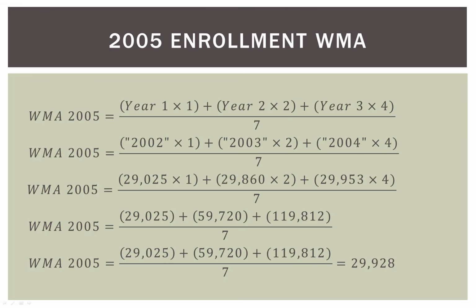And we come out with a weighted moving average in 2005 of 29,928. And that should make sense. If you get some crazy number like 78,000, then you know you've done something wrong somewhere. They should all be around 30,000 or so. So the weighted moving average for 2005 is 29,928.